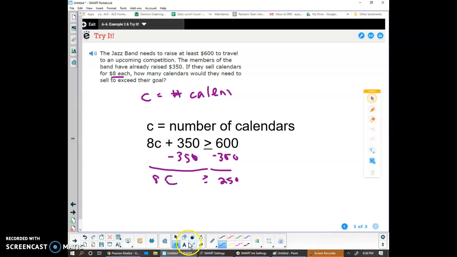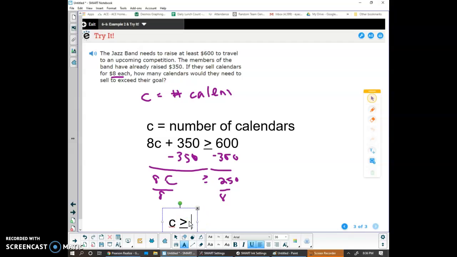All right, I should have kept on typing here. Anyhow, next step, undo the multiplication with division. Divide both sides by 8. Okay, let's see, what do we get? C is greater than or equal to 250 divided by 8. Okay, let's see what that is. That's 31 and a quarter.